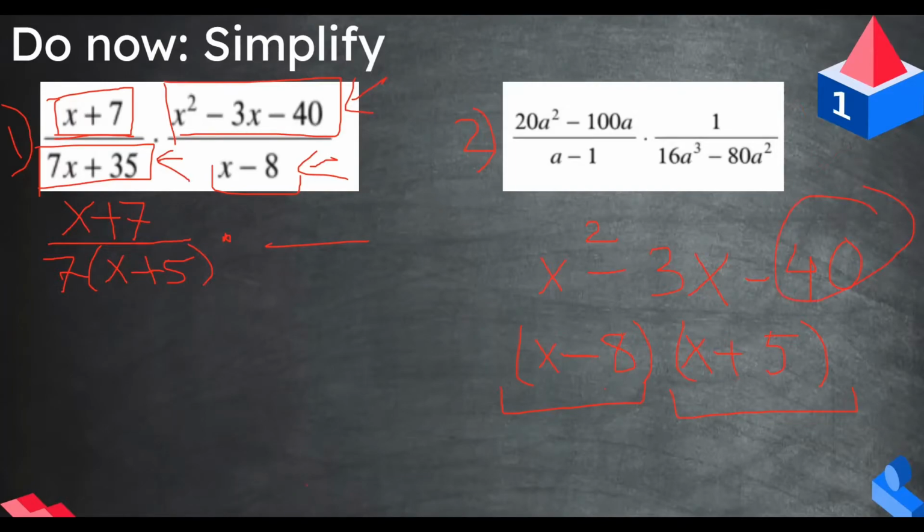So I already factored my top, so I'm going to write the factors here. I have x minus 8, x plus 5, and what do I have to do to the bottom? Is there even anything I need to do for the bottom part? Nope, I don't. They were nice enough to give me the factored form.